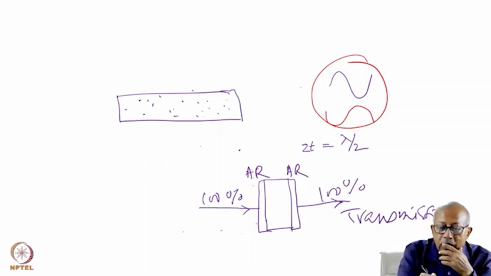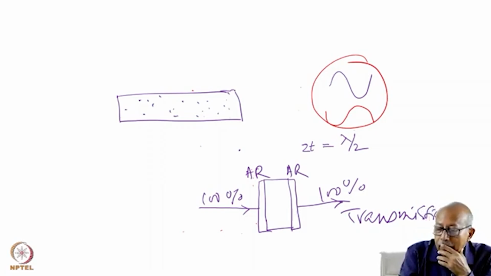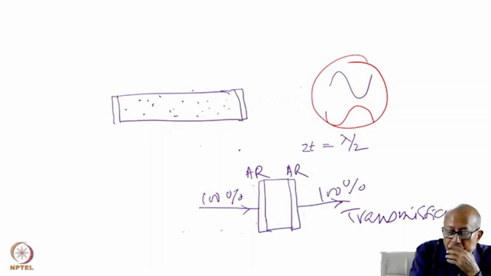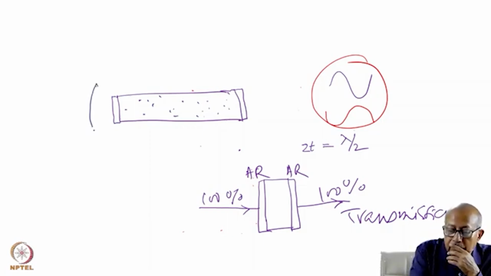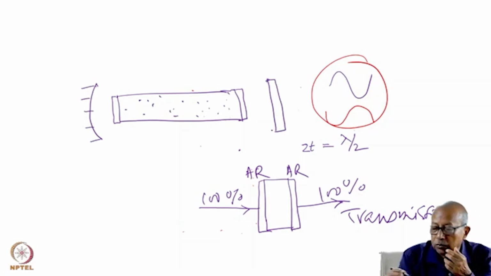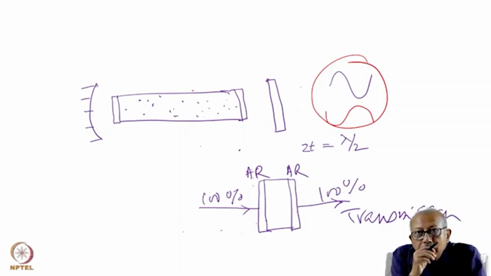But nevertheless, the two ends of this cell have to be sealed, and it cannot be sealed by an ordinary glass plate without this coating. I will explain why. Of course, we will place it inside a cavity. This is your output mirror. Now we seal it with an ordinary glass plate.